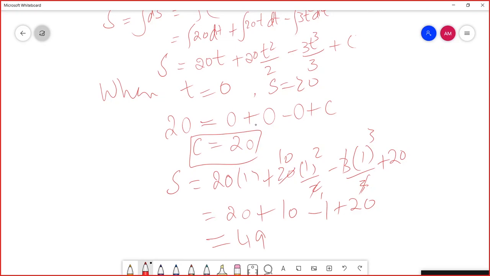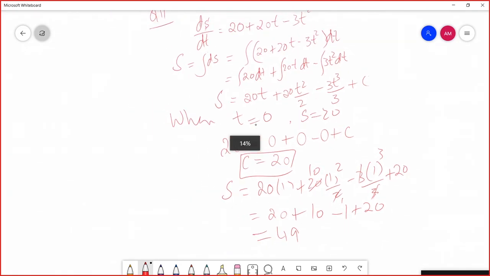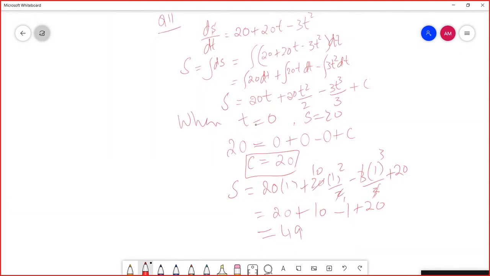Okay, let me see that. Are we making some mistake here? The question was 20t plus 20t squared by 2 minus 3t cubed over 3. So that gets cancelled.